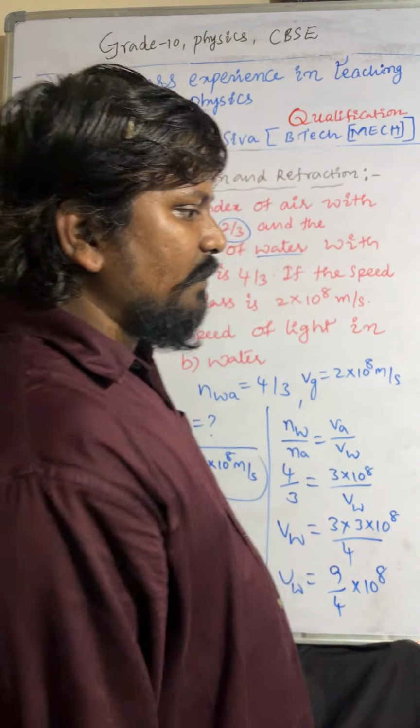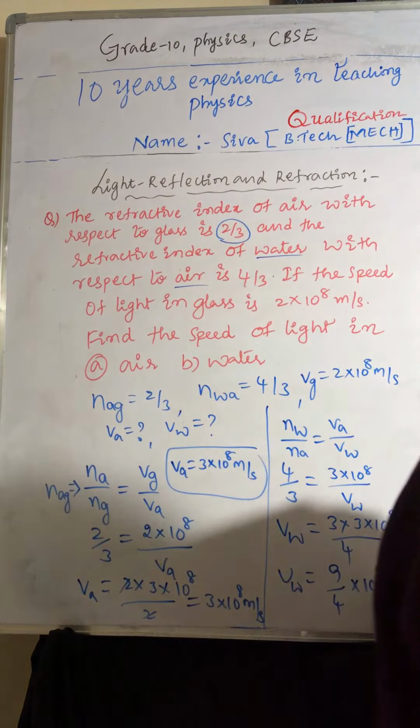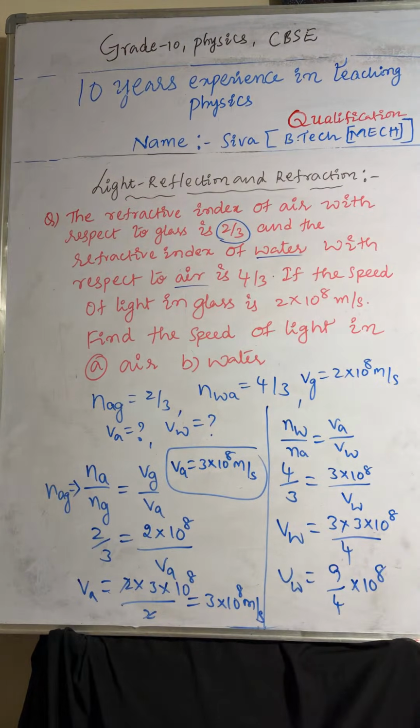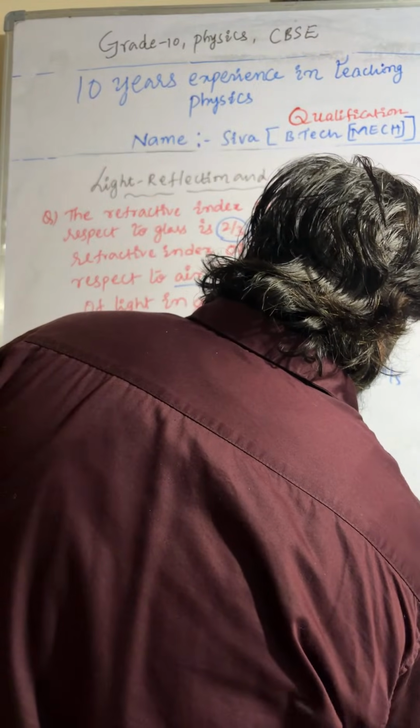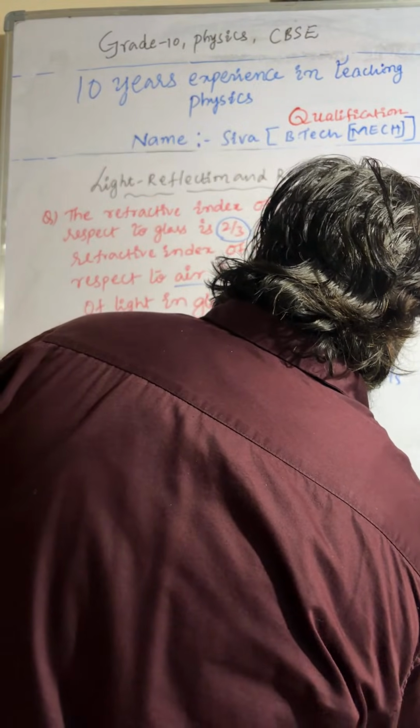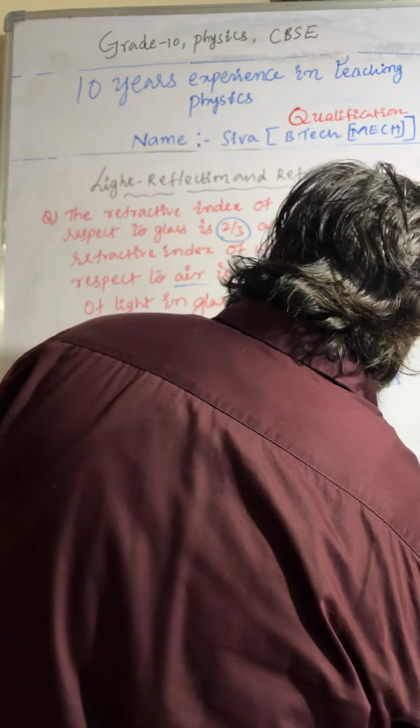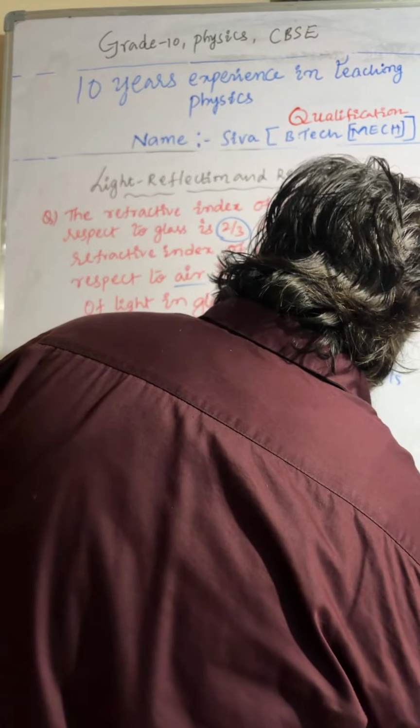Let me know how much you'll get. The answer is 2.25 into 10 power 8 meter per second. That is the velocity of light in water.